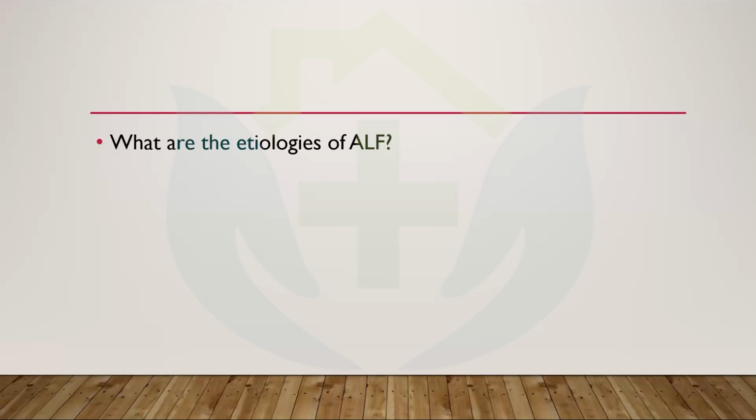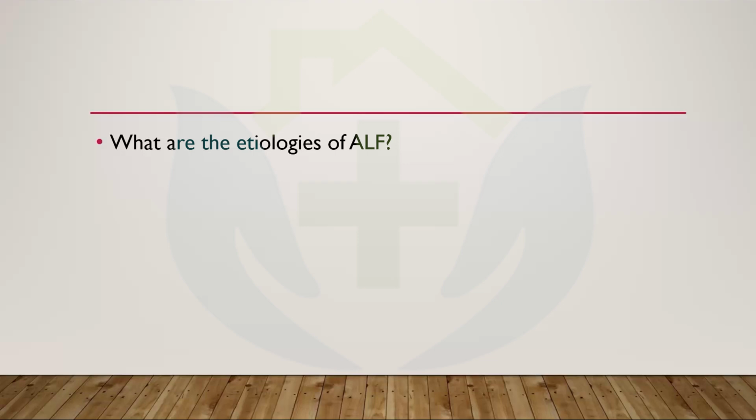Then what are the etiologies of ALF? Okay, so one tip here: questions in EDIC 2 will come of two types. One will be exactly related to the case, like what is there in this case, and you have to answer. And a few questions are there to test your knowledge. This is a general question to test your knowledge related to liver failure.